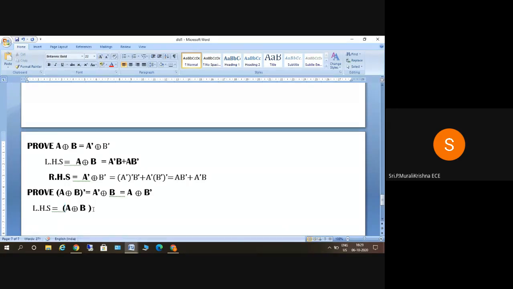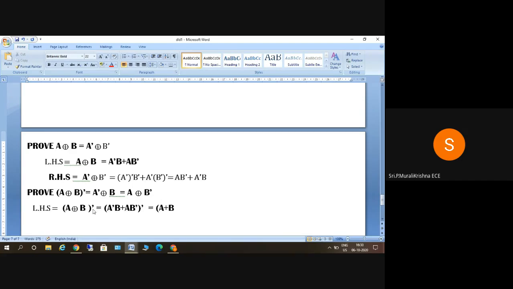A exclusion of B whole bar is equal to, generally it is A bar B plus A B bar whole bar. So that is equal to, apply the De Morgan's law.